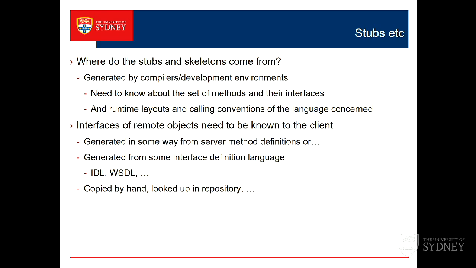It says, I've got a method, I've got these parameters, etc. There you go, there's the code for you. Now that might be hidden by your development environment, but you might also have to use a tool that will do that in some way. And once you've got this generated code, then you install it somehow. It'll probably be taken care of for you by your framework.